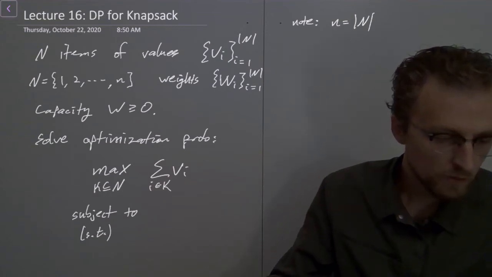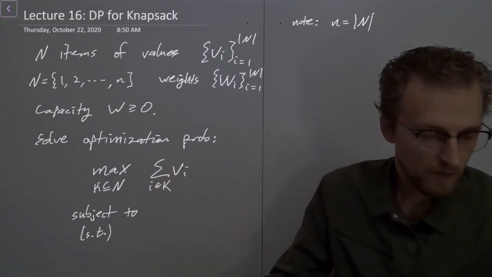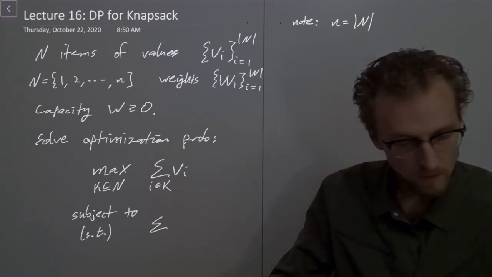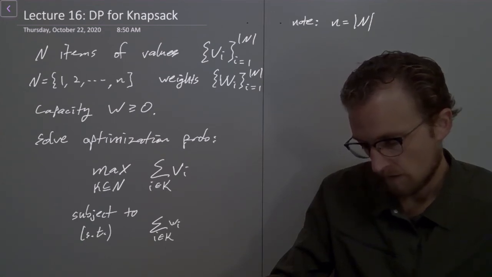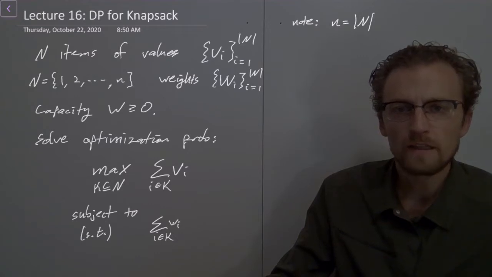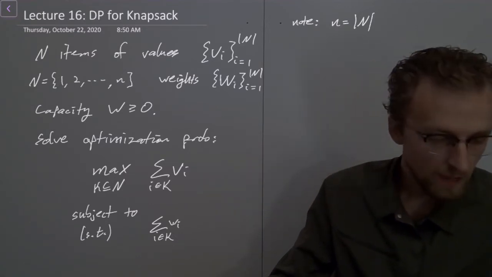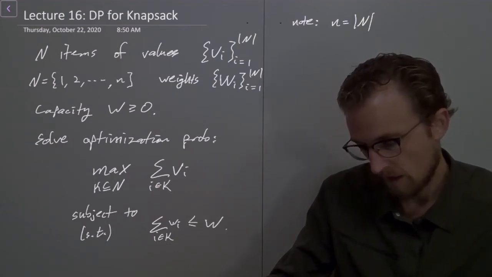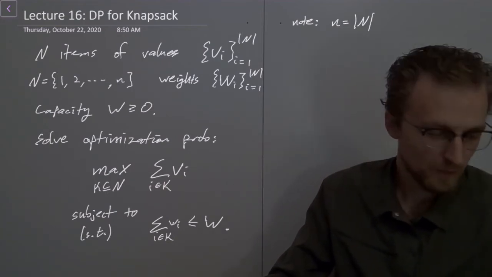Our constraints are, 1, implicitly, K is a subset of N. And 2, the more important one, is that the sum over all i in the subset K of the weights w_i is less than or equal to the capacity. This is the one that ends up biting us as we go forward.